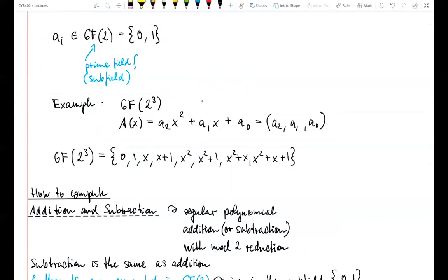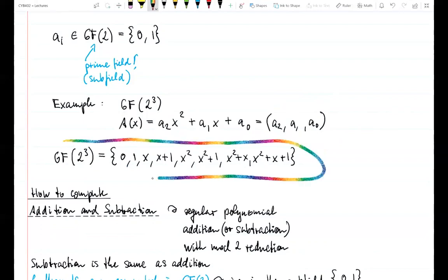And basically, to describe the full polynomial, all it takes is really the coefficients of a certain element. So all the elements, all the members of Galois field 2 to the 3, remember it's 8 elements, are these.